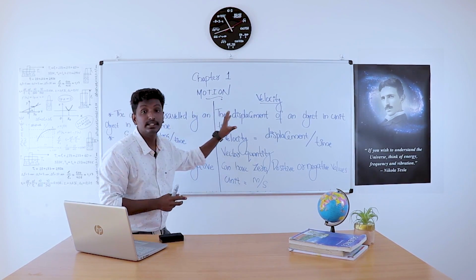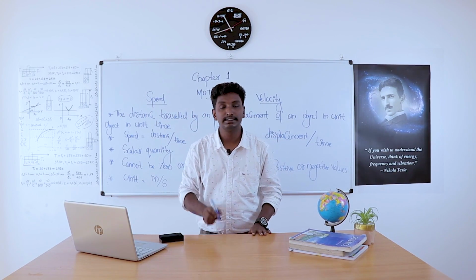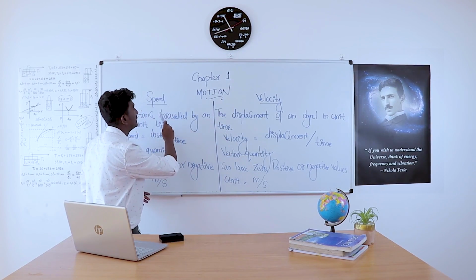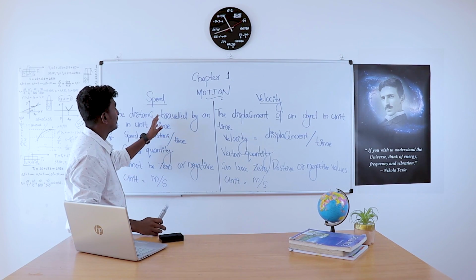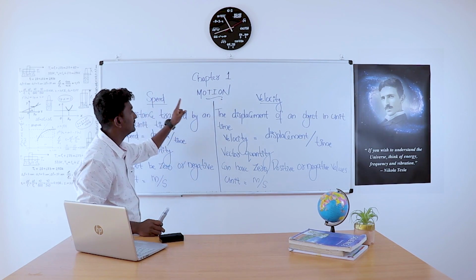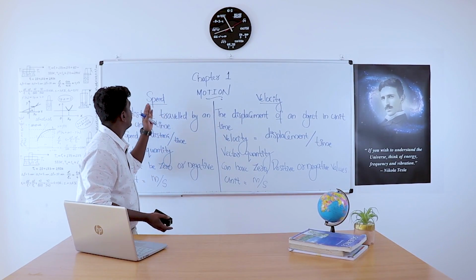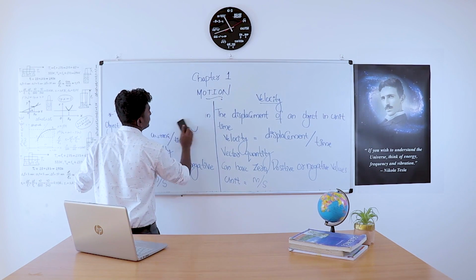Speed is a scalar quantity while velocity is a vector quantity. The unit of both these quantities is the same, meter per second. I think it's clear to you now, the difference between speed and velocity.